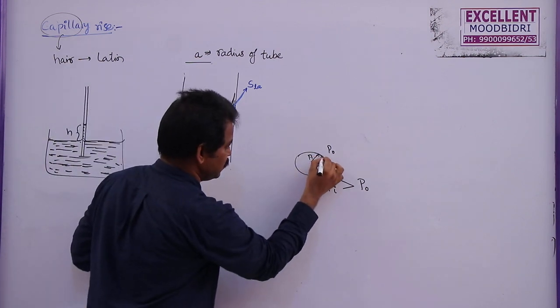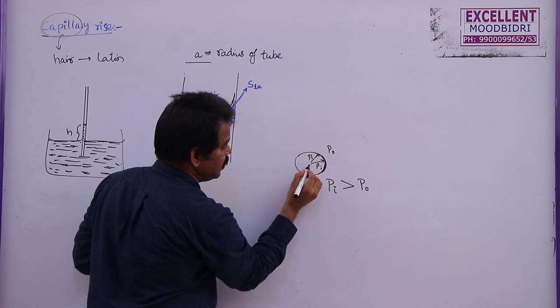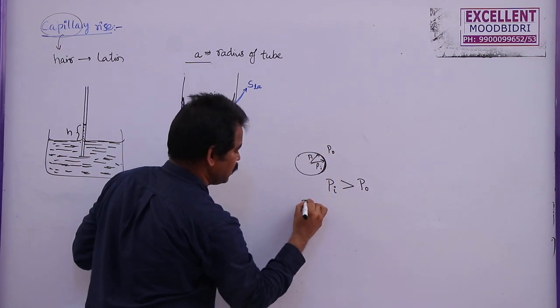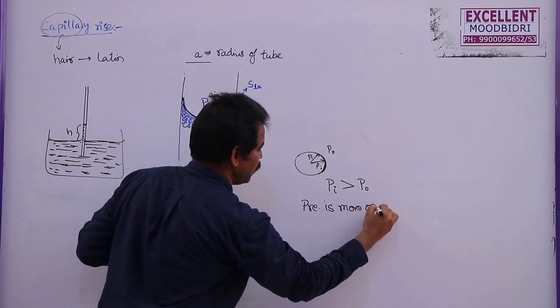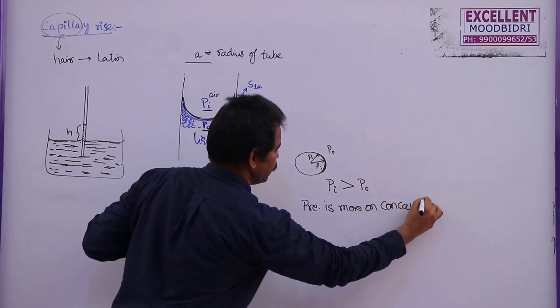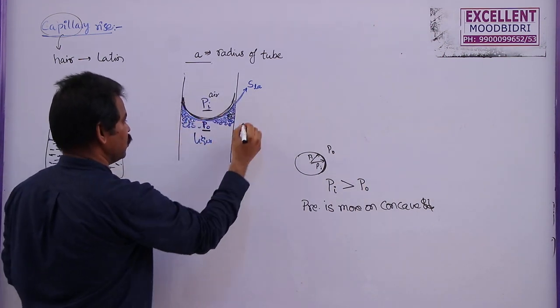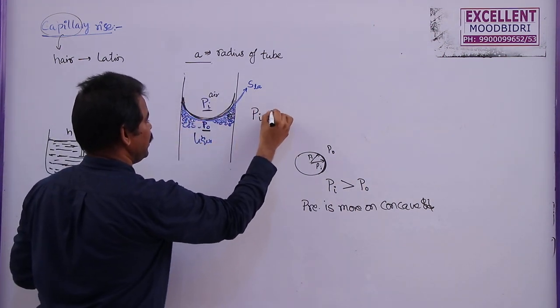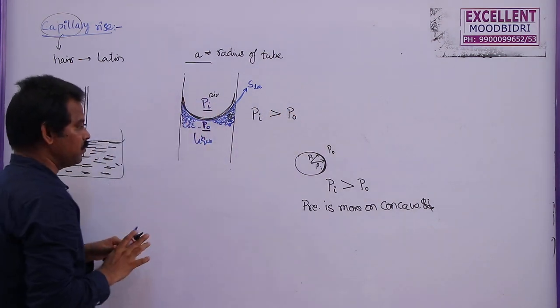This one is called concave. You might have studied about concave mirrors. Here pressure is more on the concave side. Here this is a concave structure, so pressure is more. So we can write pressure I greater than pressure O. I indicates inside the air.